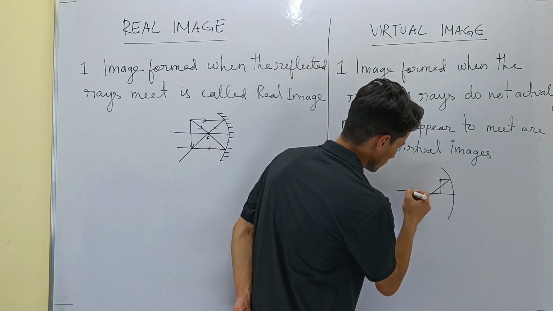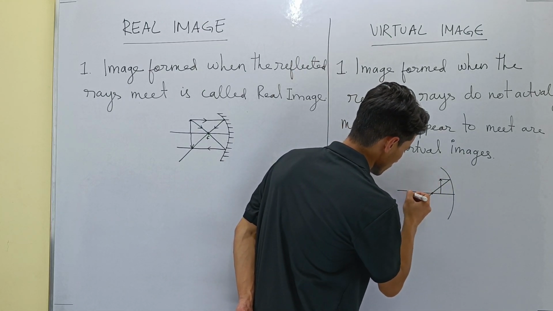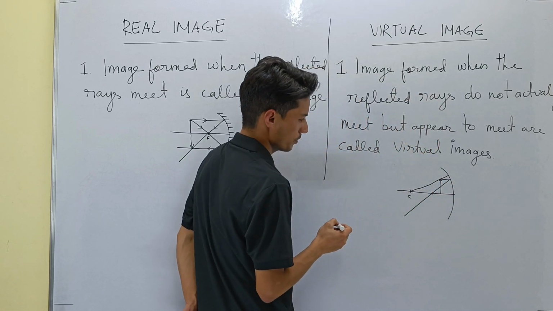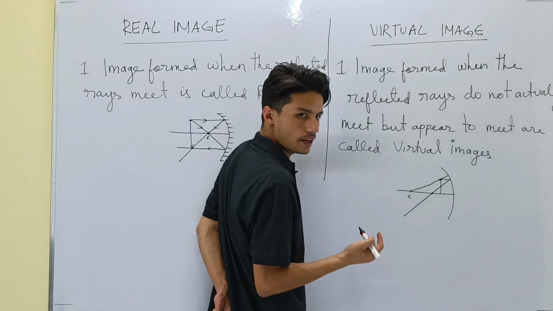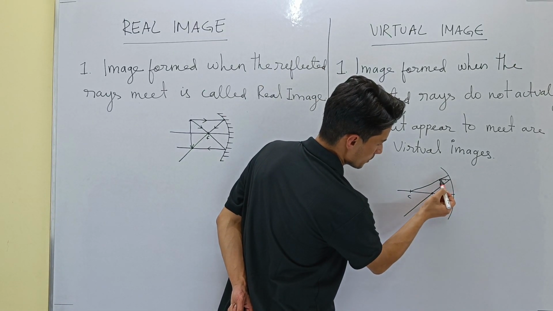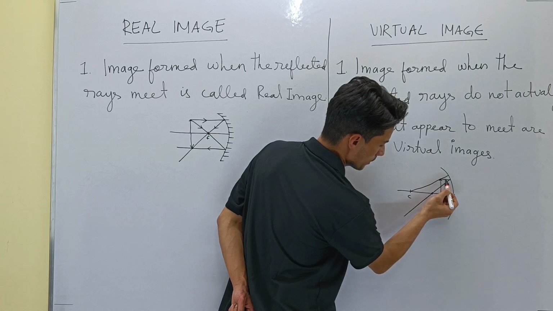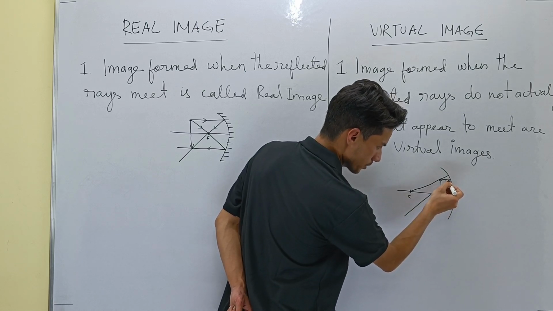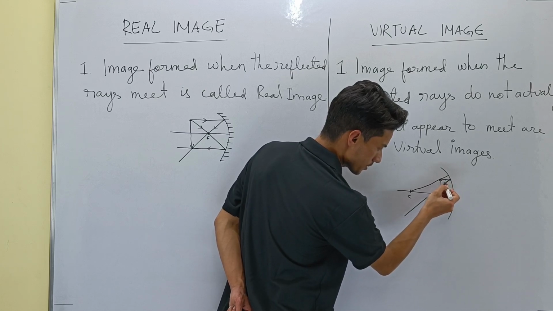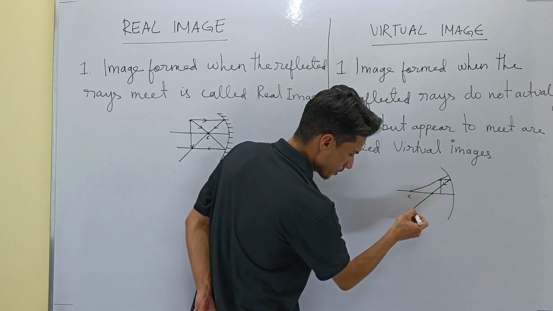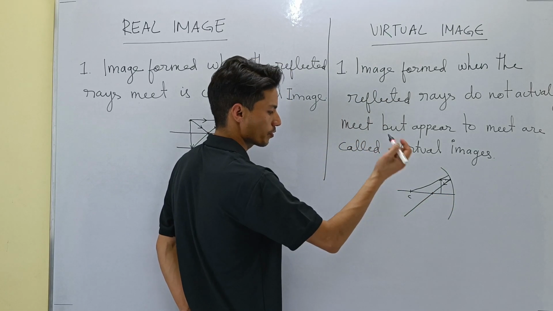Then another ray will pass through the center of curvature, like this. Again here I'm considering two rays. This is ray number one, it touches the mirror. After touching the mirror, it will reflect back. This arrow denotes the reflected ray, and it's going far away from us.